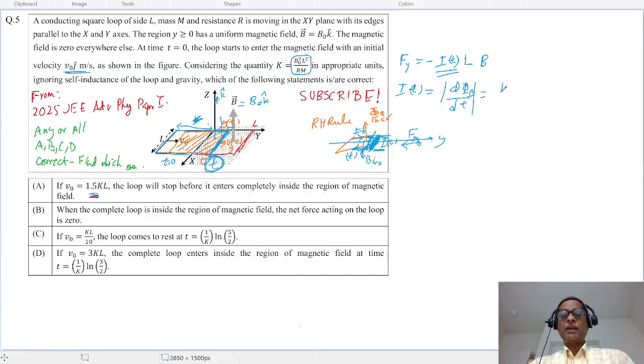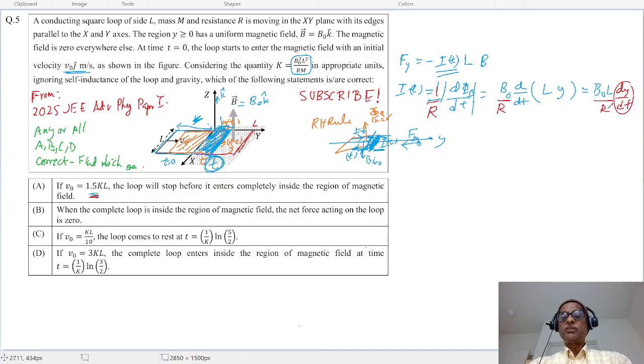So we'll say B0 comes out of the derivative, and the loop area is the area where B is not 0, which is y times L. So this is simply B0 L over the resistance times dy dt, and we can write that as v sub y.